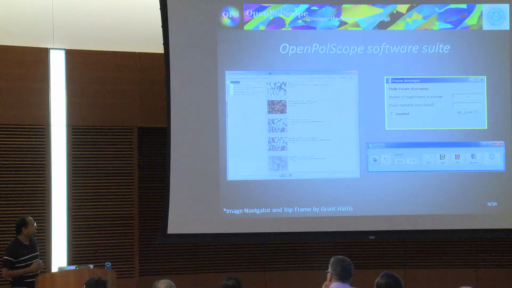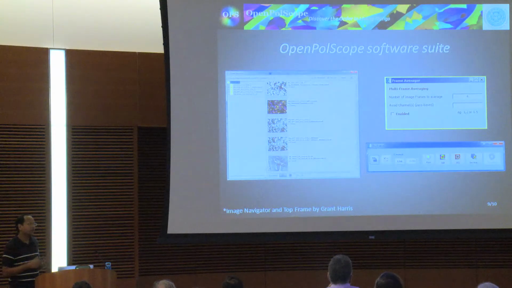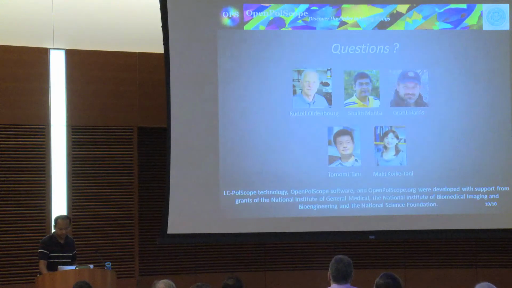Another is the top frame, where, if you have too many GUIs, you can add your own regularly used controls, and they will always be visible on the desktop. And we have a frame averager. For our needs, frame averaging was critical, and that's also part of the software suite.